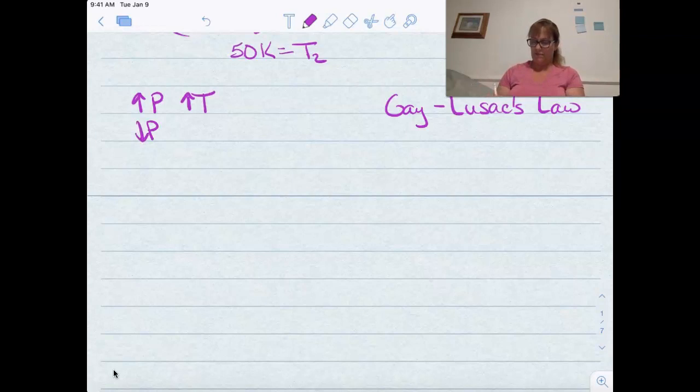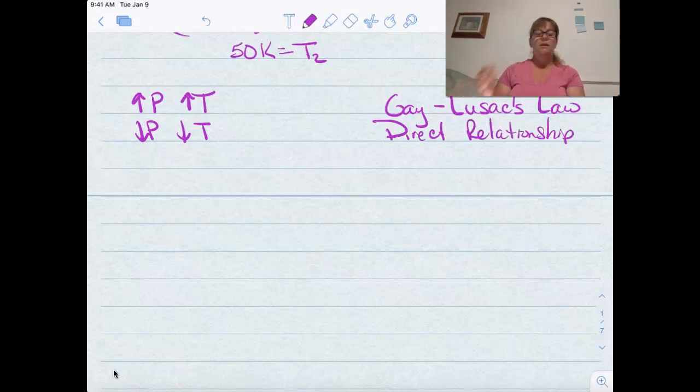Likewise, if one went down, the other one went down. So just like we talked about with Charles's law, this type of relationship is a direct relationship. It's going to be shown mathematically by division. So Gay-Lussac's law says P1 over T1 equals P2 over T2, right?